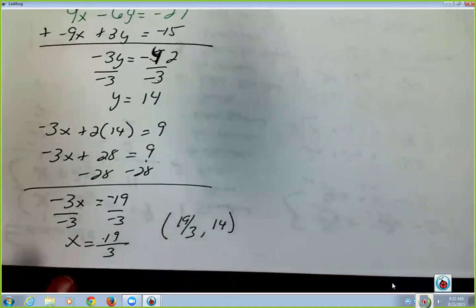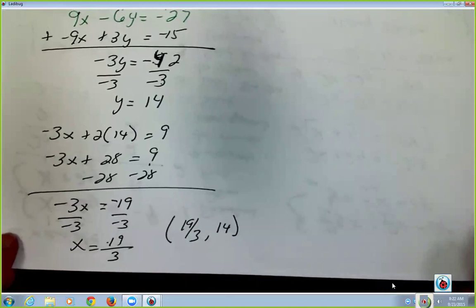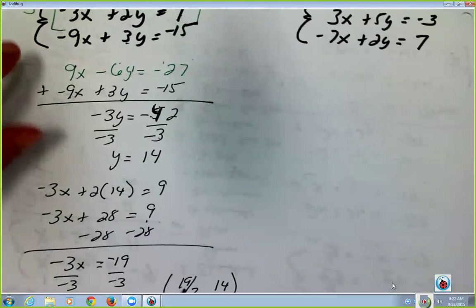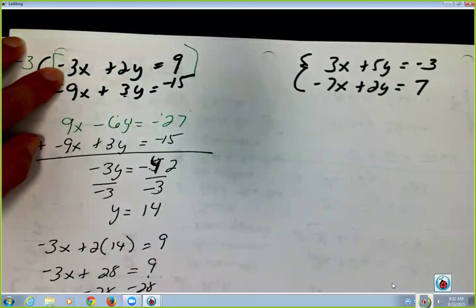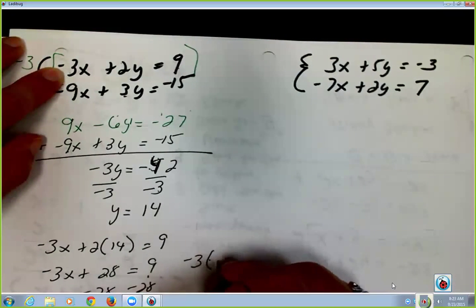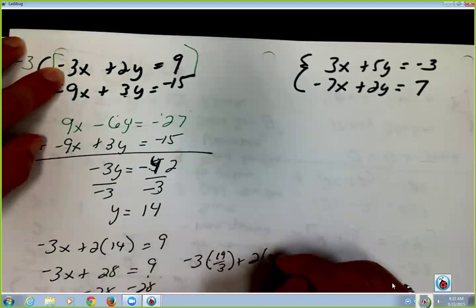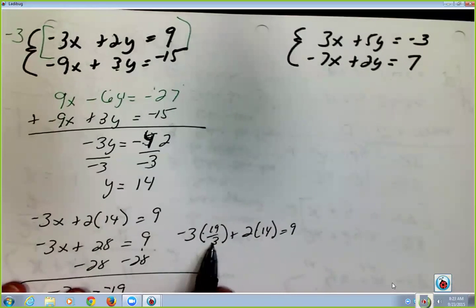and 14. So let's double check and make sure that we end up with what we're supposed to have. So if I take the first line up here and plug these two into it, I'm going to have a negative 3 times 19 thirds plus 2 times 14 should equal 9. So these threes cancel.